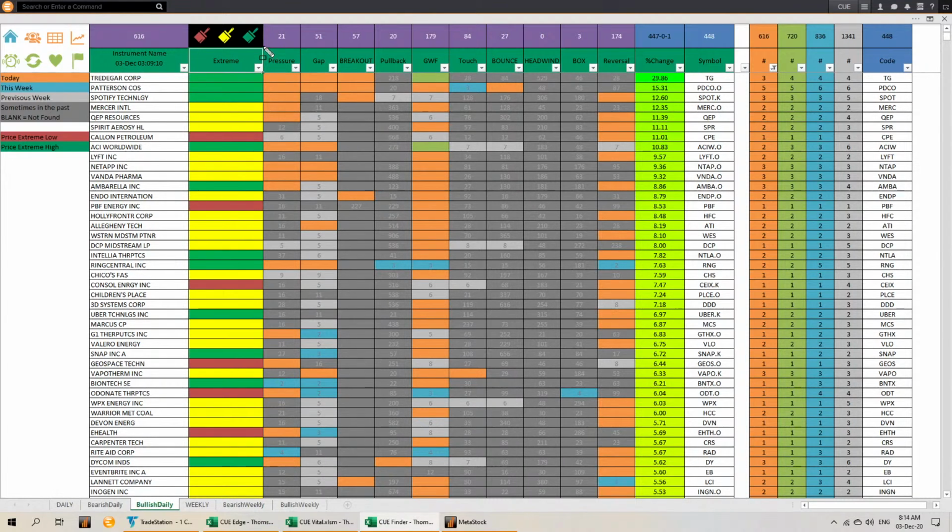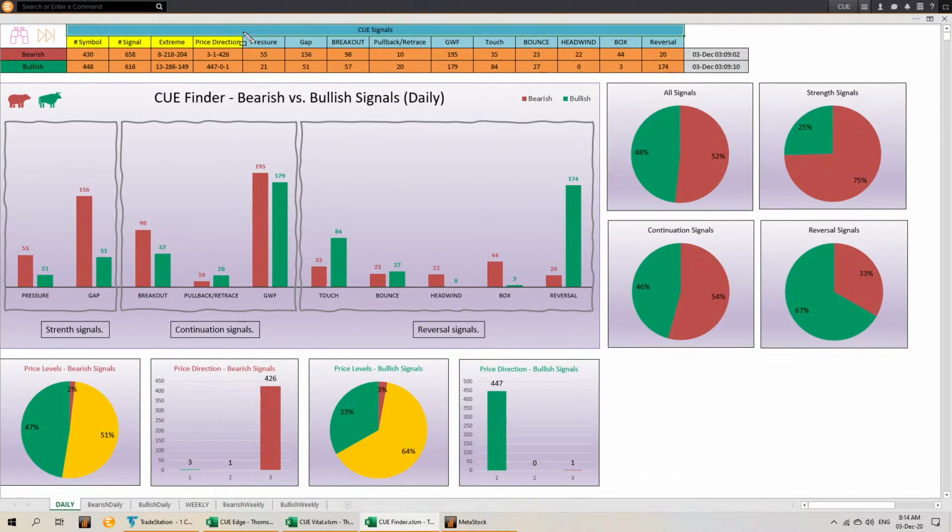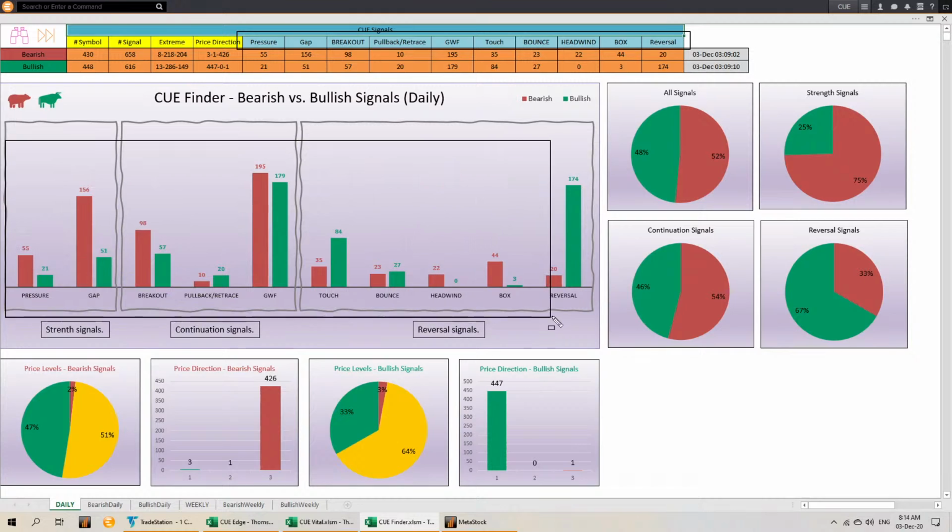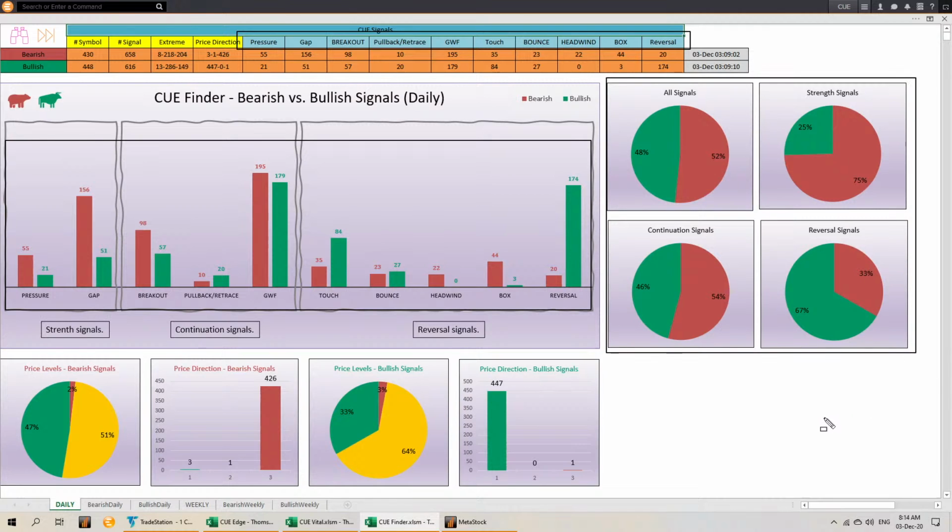After the extreme column, we have all the different Q signals. These are the same Q signals that we saw on the overall picture as numbers, and also these were the same signals that were plotted in the bar chart and summarized in the pie charts.